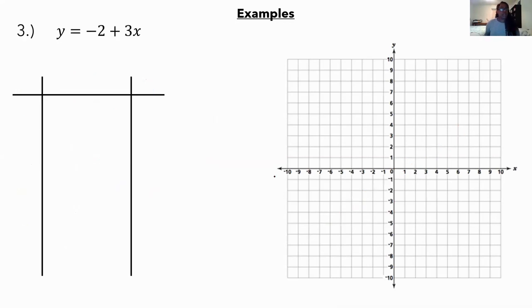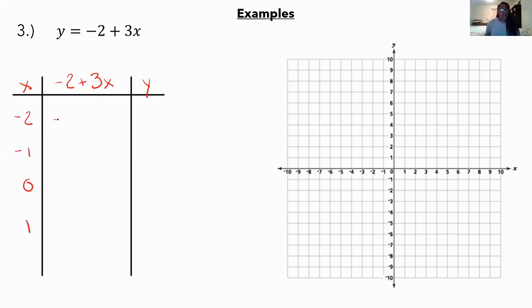So, number 3. We have -2 plus 3x. We've got our x and our y. If we notice, we're multiplying by 3, not dividing. Usually when you're dividing, that's when you do those special ones. But here I'm just going to go right to -2, -1, 0, and 1.